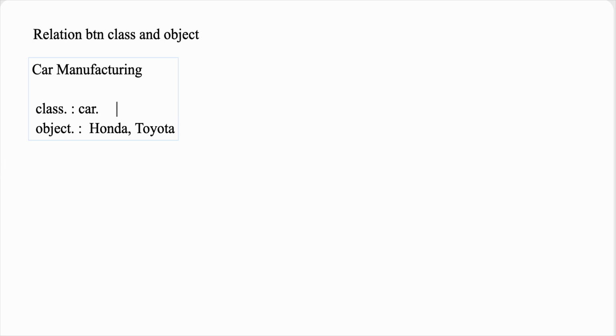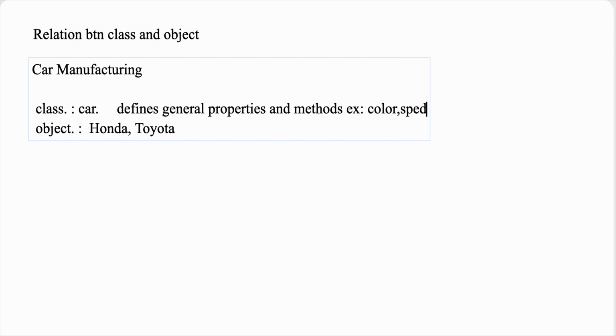The class, here the car, defines the general properties and methods, for example color and speed.